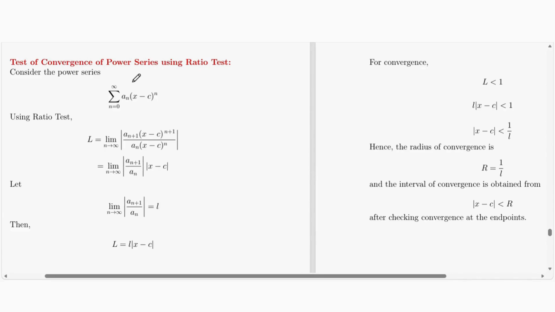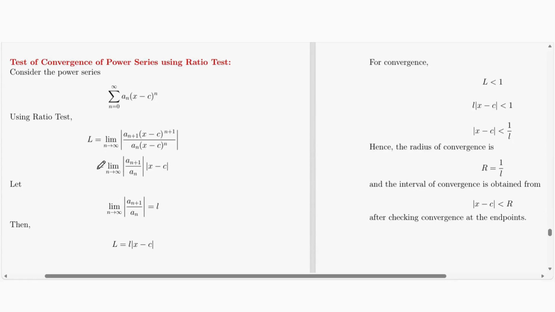For this purpose, we use the ratio test. So, test of convergence of a power series using the ratio test. Consider the power series, sum n is 0 to infinity, a_n (x minus c) raised to n. Now apply the ratio test.